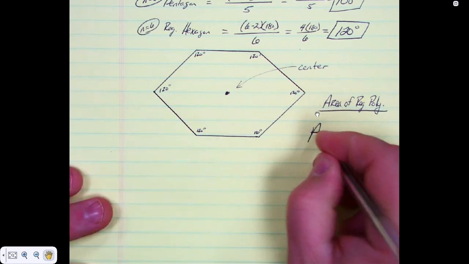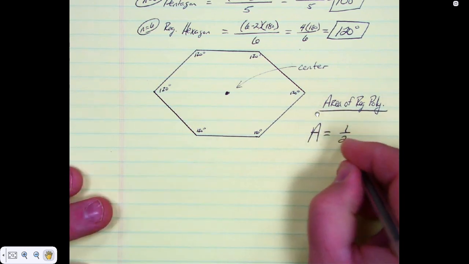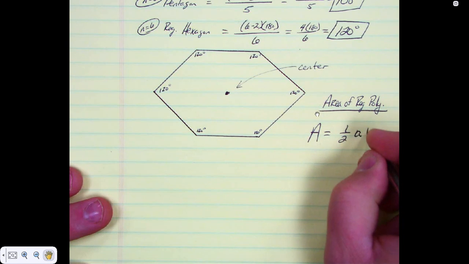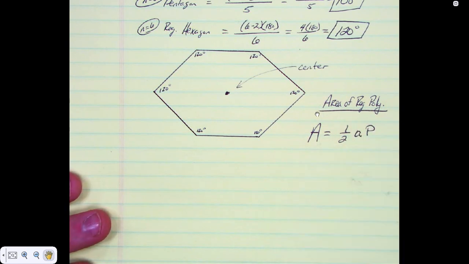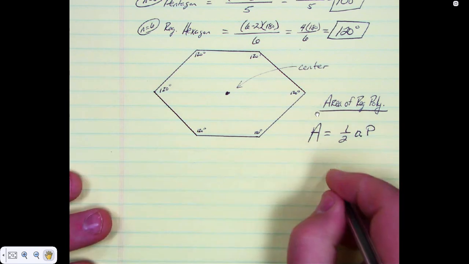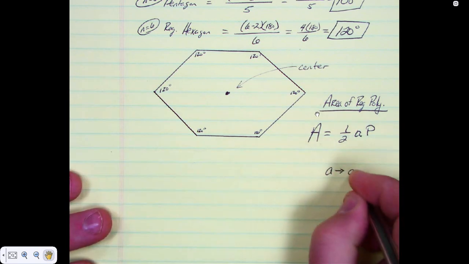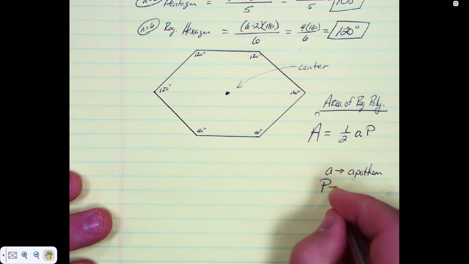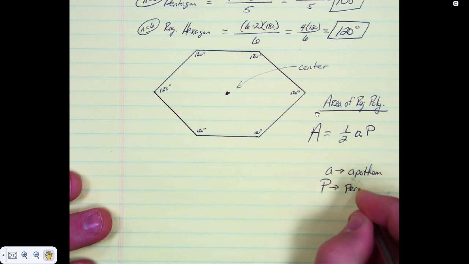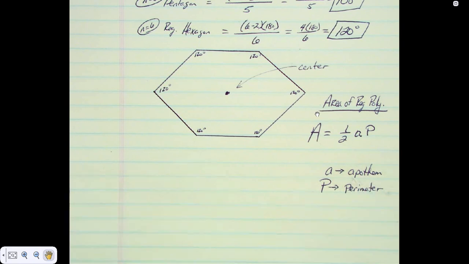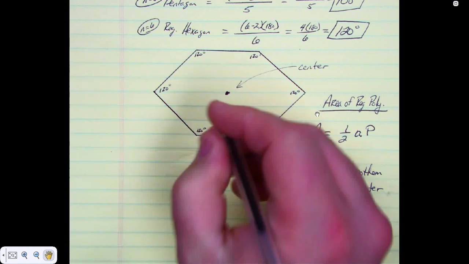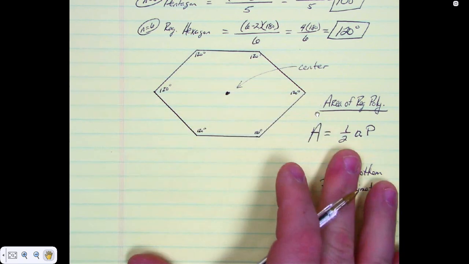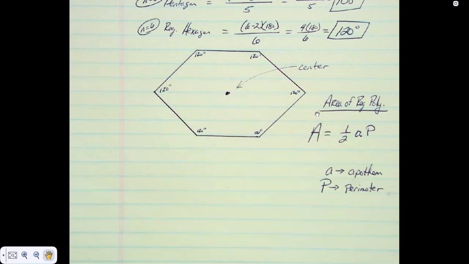We have a simple formula, which is A is equal to 1/2 little a, big P. What in the world does that mean? Well, little a is called your apothem. Capital P is the perimeter. You know what perimeter is, don't you? It's the distance around. The new thing here is the apothem.